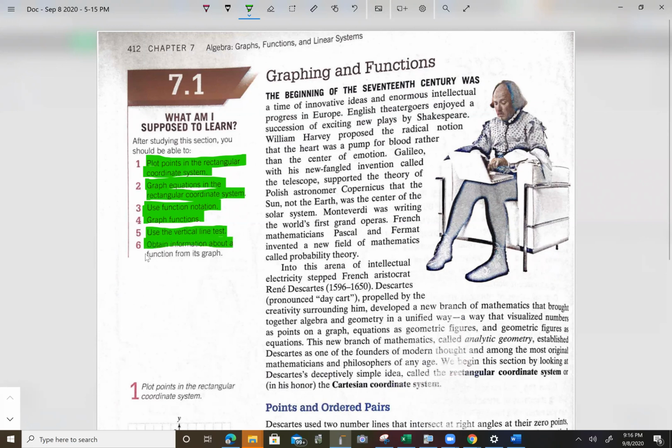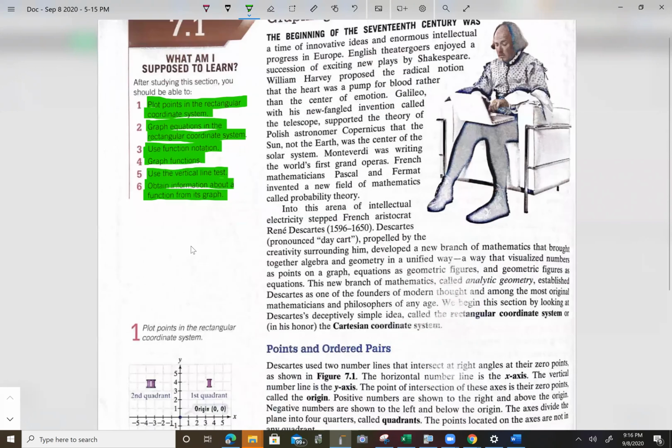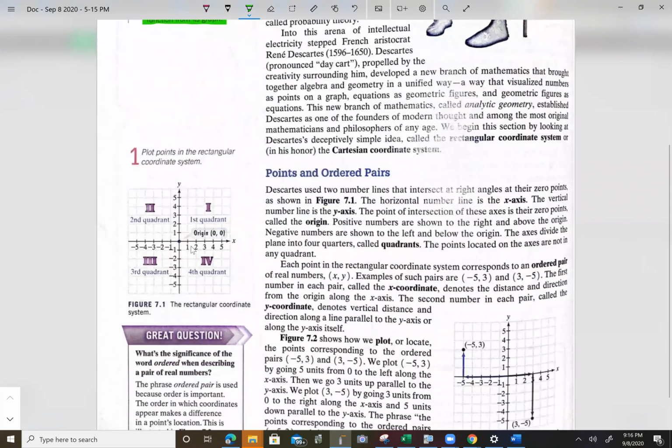So kind of everything that you've done around functions and graphs condensed into a little review here. So this first part, I don't want to take up too much time.